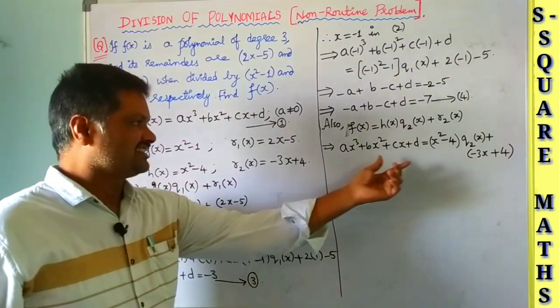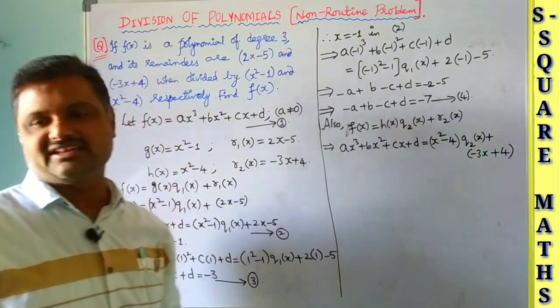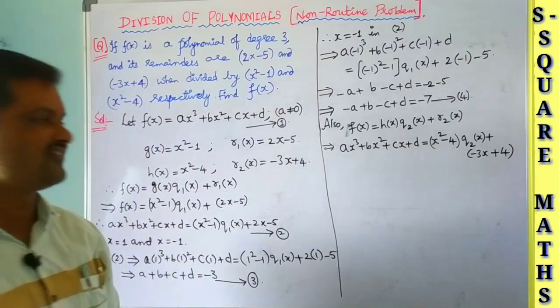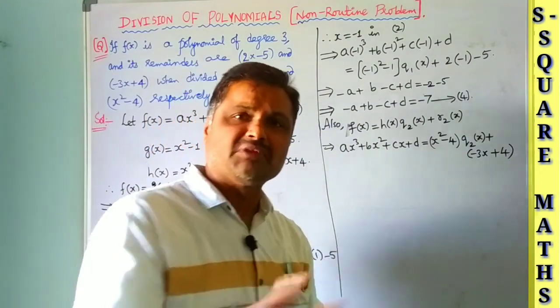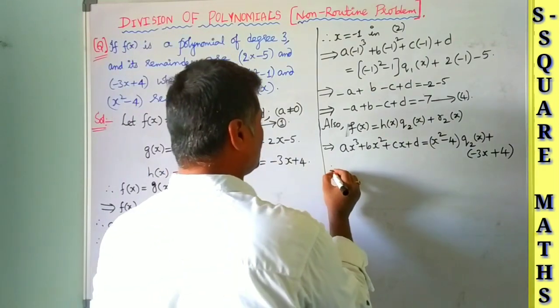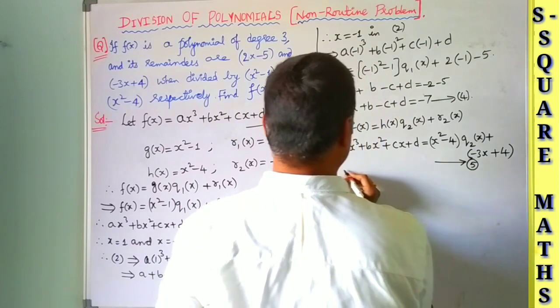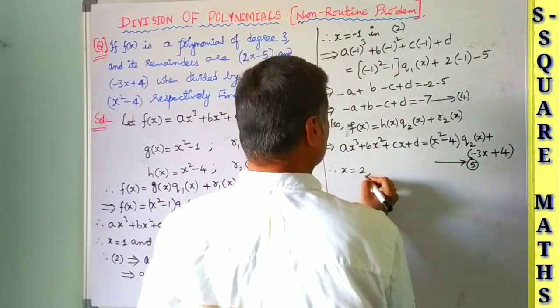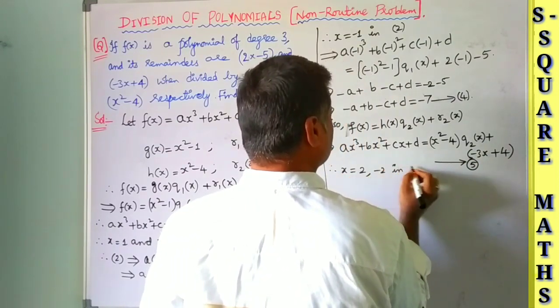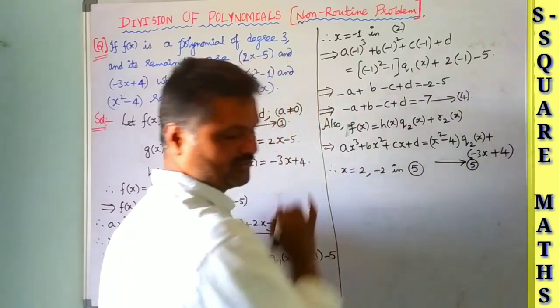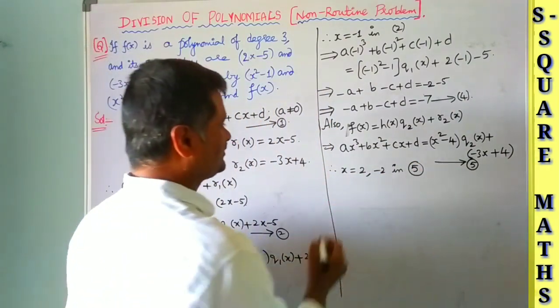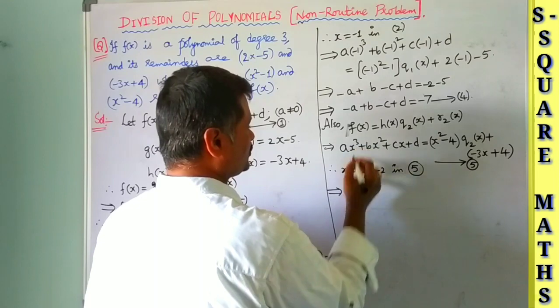So next, since our x square minus 4 is the next divisor, the possible values of x here we have to consider are plus 2 and minus 2. Therefore here this is our equation 5. Therefore x is equal to 2 comma minus 2 in equation 5 we have to substitute. That is the meaning here. So this implies first x is equal to 2 here.